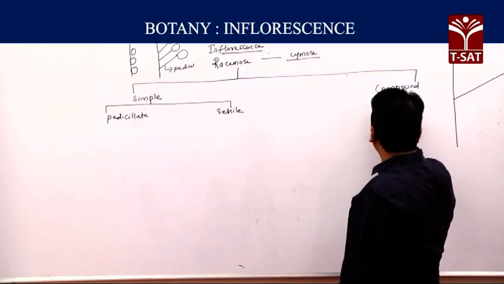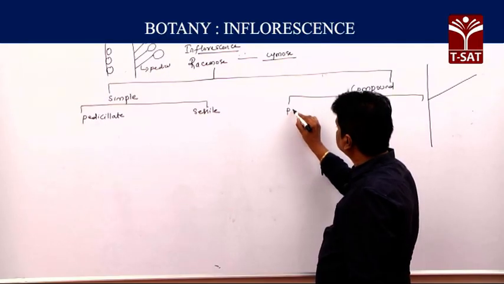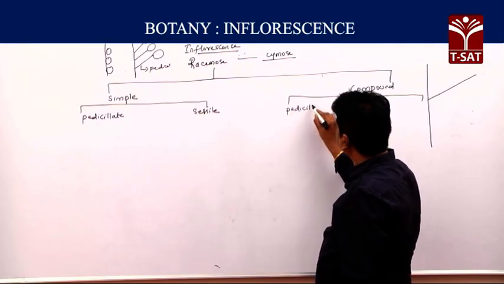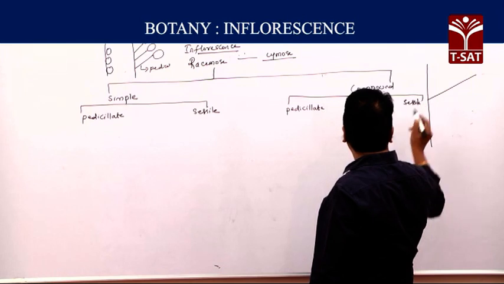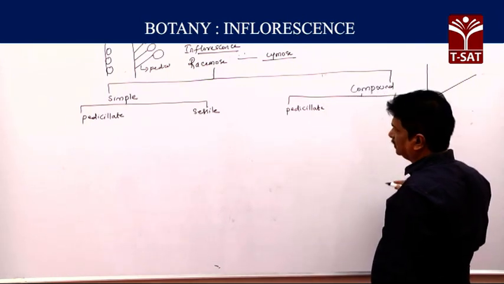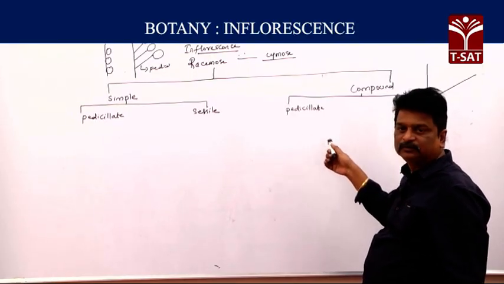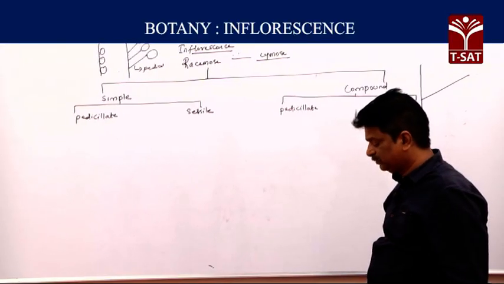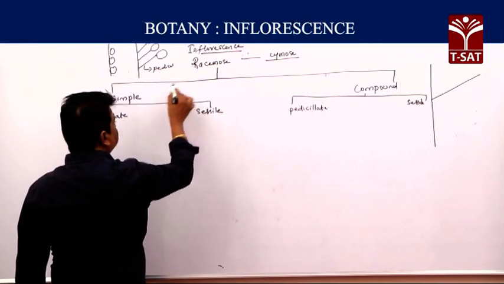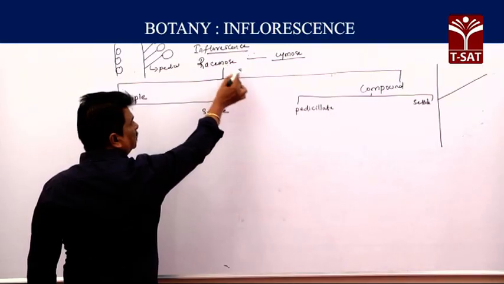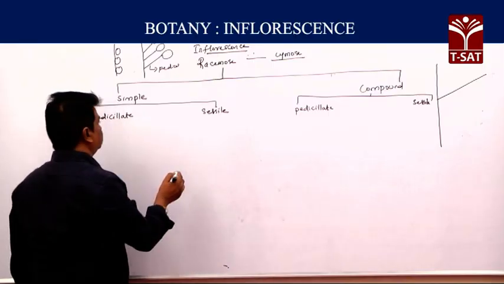In the same way, compound is also divided into two types: pedicellate and sessile. So the total racemose inflorescence is divided into four types: racemose simple pedicellate, racemose simple sessile, racemose compound pedicellate, and racemose compound sessile.